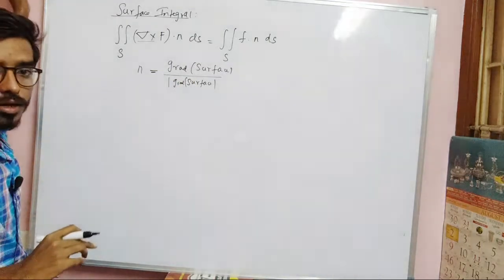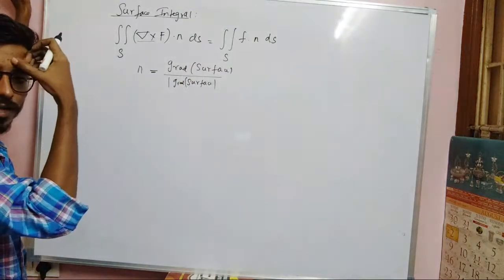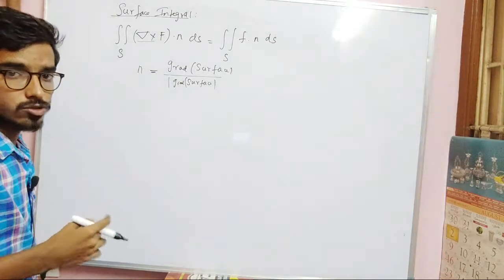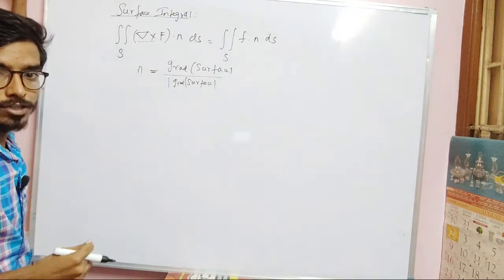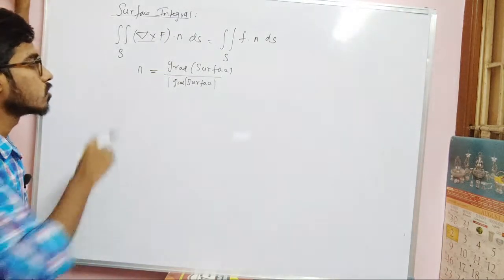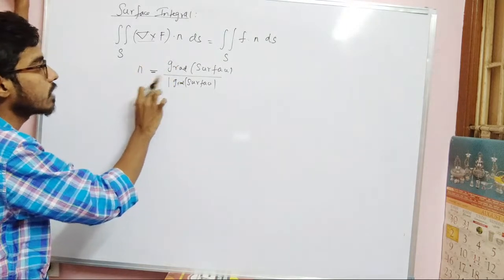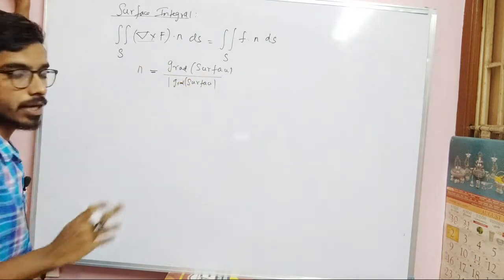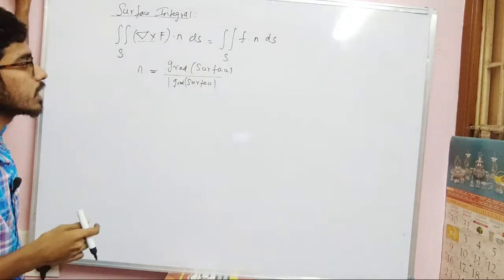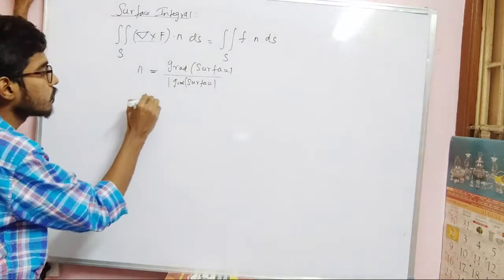You know how to find the modulus: the modulus of xi plus yj plus zk is the square root of x square plus y square plus z square. So you need to find n using this formula.